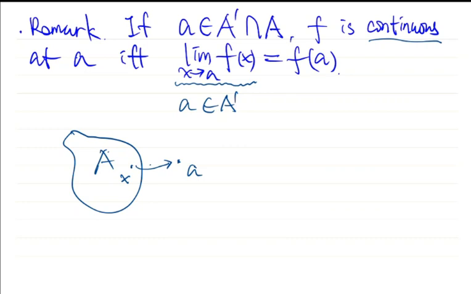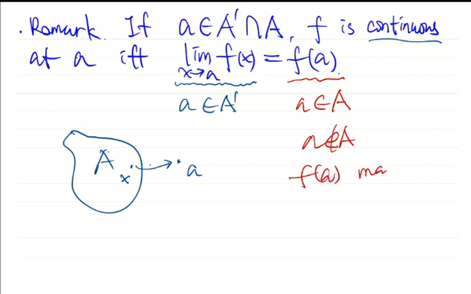Now, the right hand side of this equality, f(a): only if a is an element in the domain of definition of f, namely capital A, can we say f(a). If a is not an element of the set capital A, the domain of definition, then f(a) makes no sense.